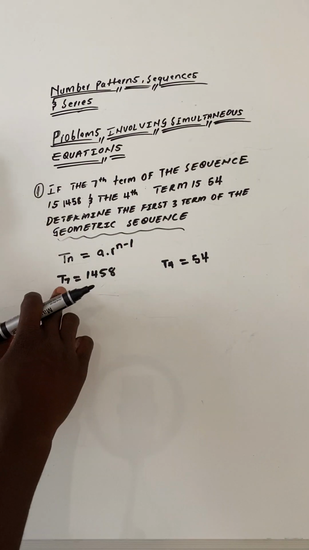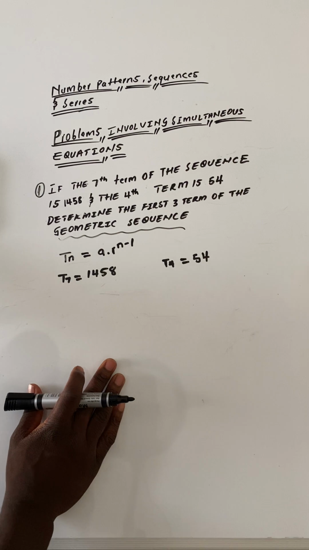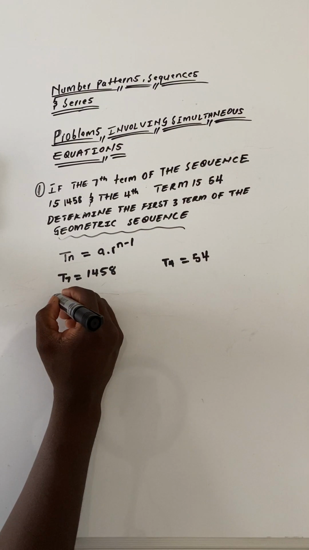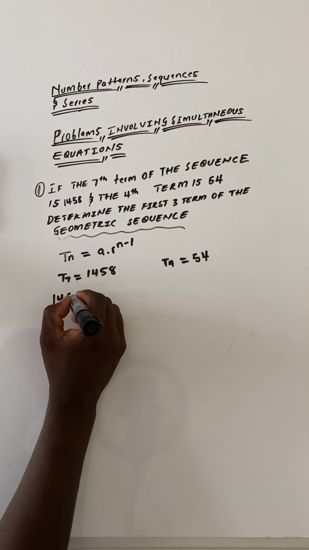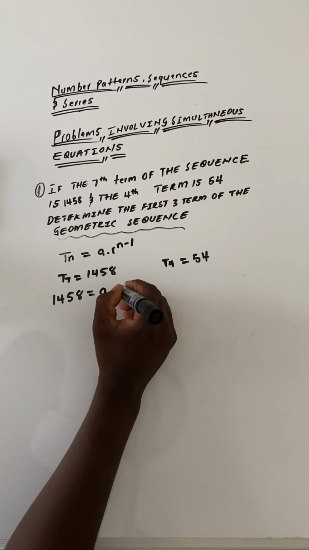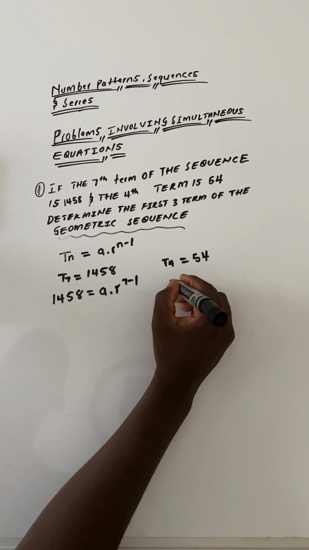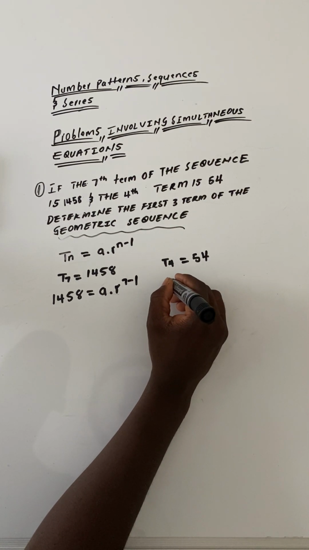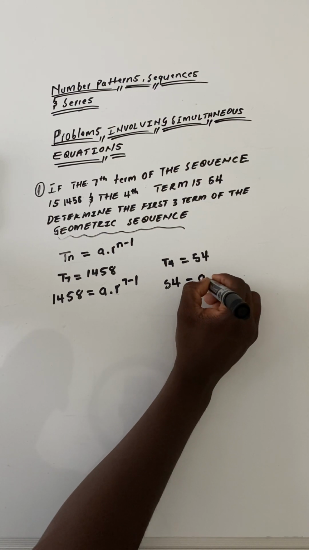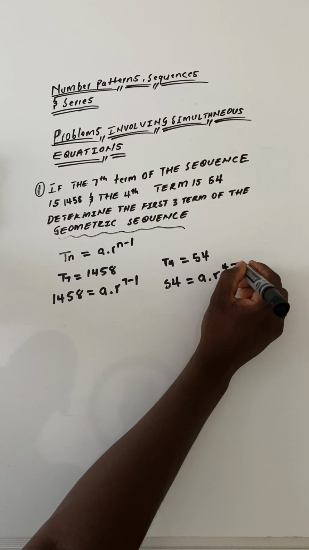The 7 in T7 represents n, the number of terms, and Tn represents the value. So 1458 is equal to A times R to the power 7 minus 1. Then for T4, 54 is equal to A times R to the power 4 minus 1.